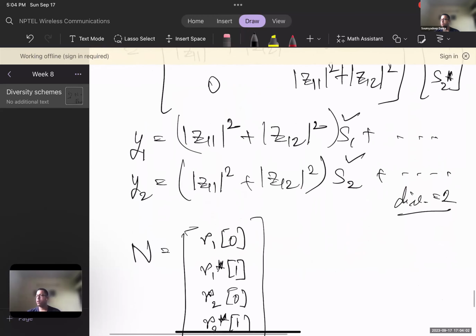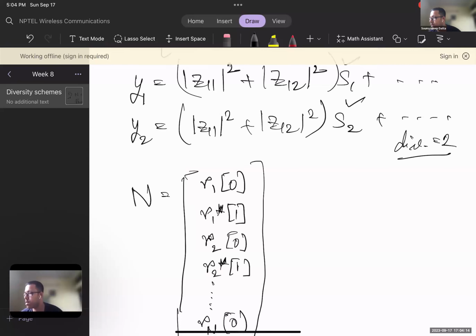If you repeat the same process for the whole vector like this, with the same kind of math, you will eventually end up with the same kind of calculation for each of these y.